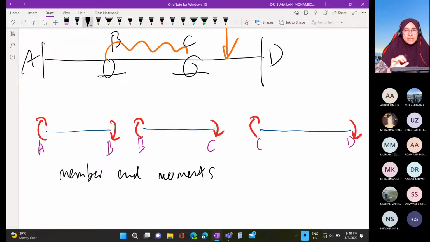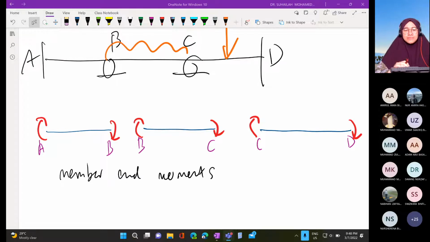So after we have done the distribution from the table, we will get the right value with the right sign. But first assumption: when a beam like this is given to you, the question is to calculate member end moment, or calculate bending moment, or calculate internal moment.